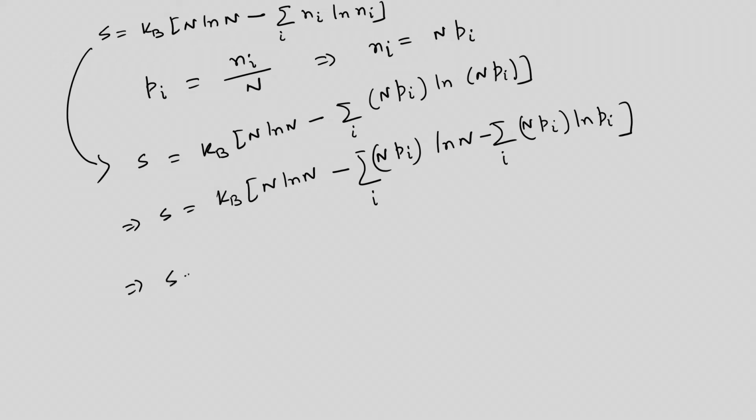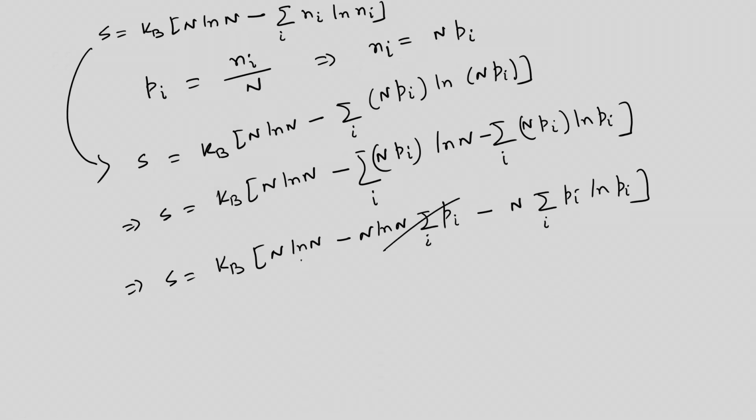So, we can further simplify and get S is Kb times ln n minus n ln n sum over i Pi, minus n sum over i Pi ln Pi.